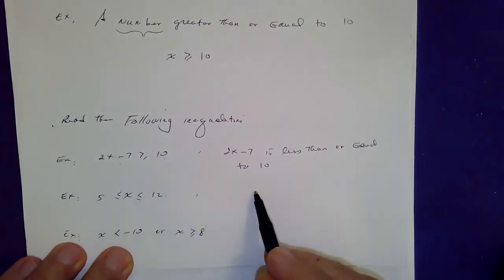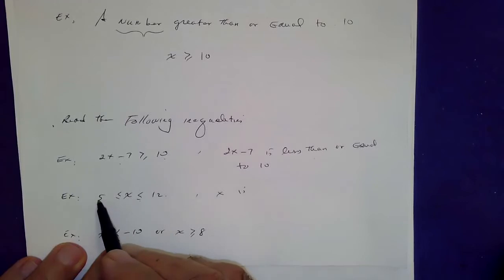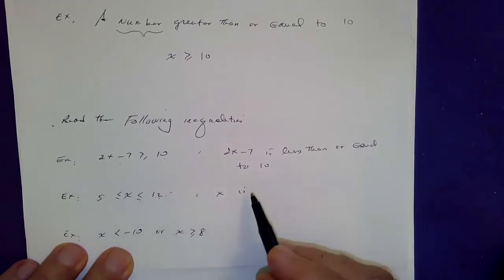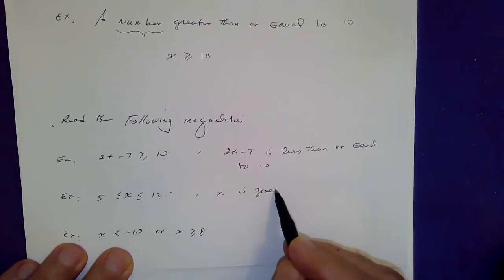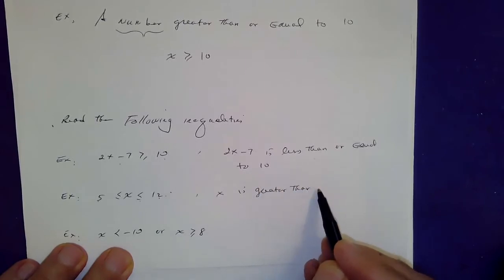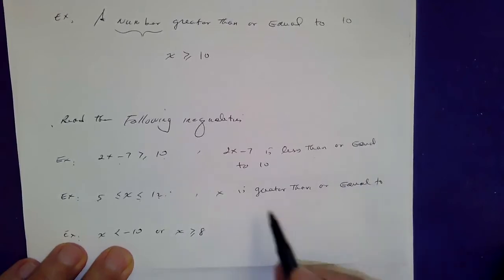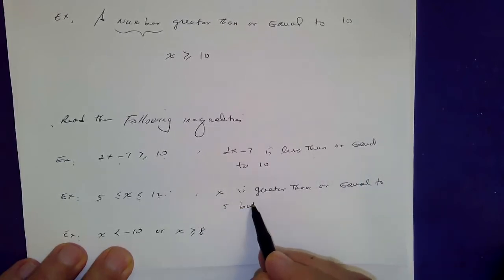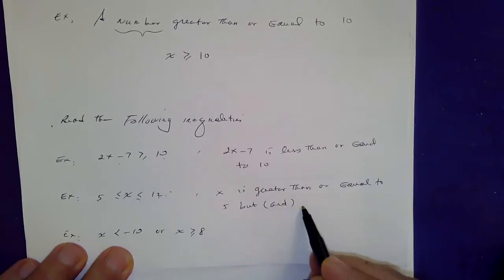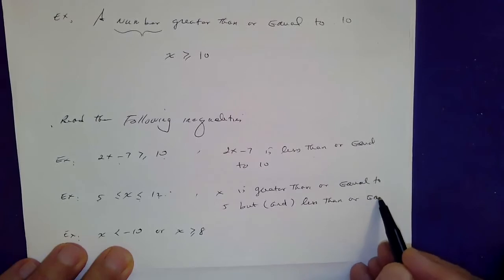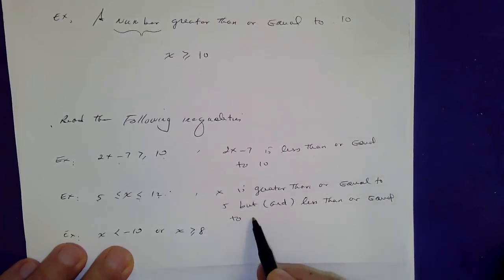This guy reads x is greater than the left number, but less than the right number. So x is greater than or equal to 5, but, or you can use the word and, less than or equal to 12.